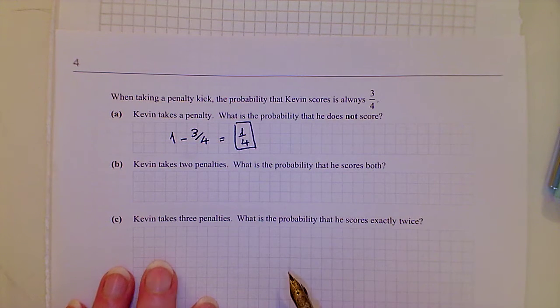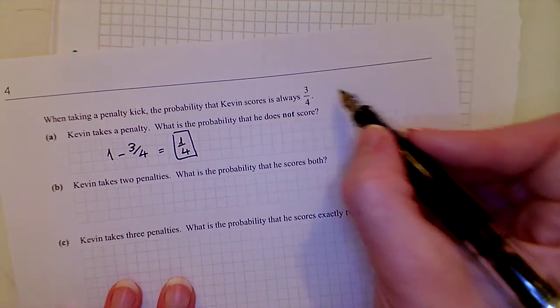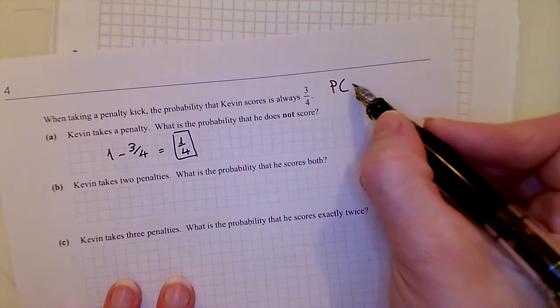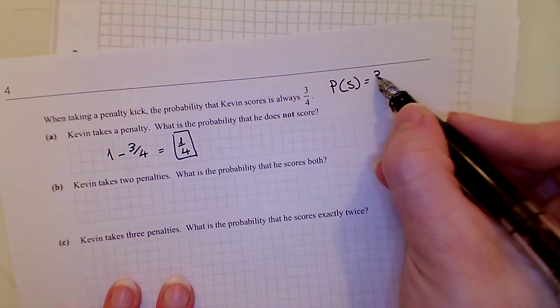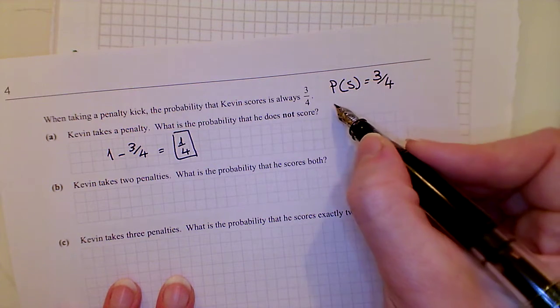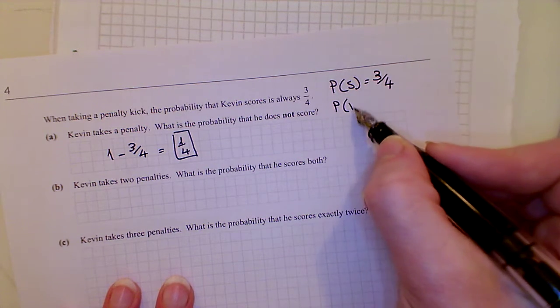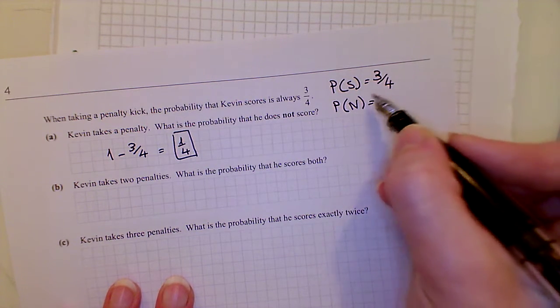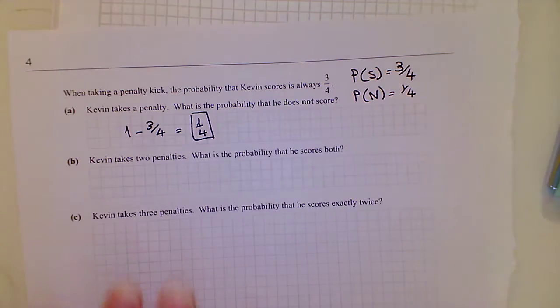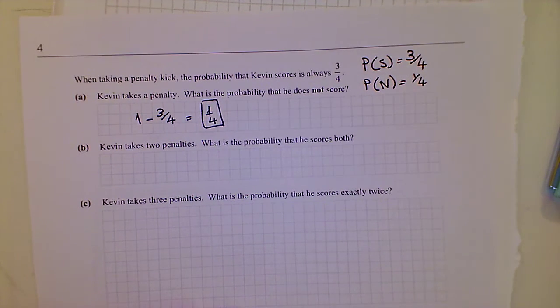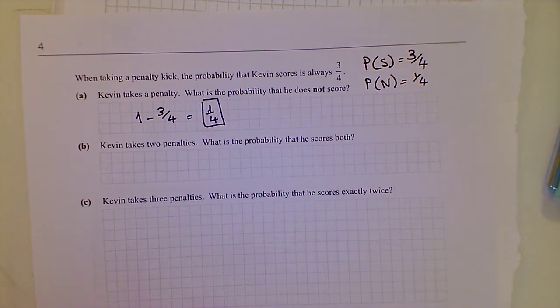He takes 2 penalties. What's the probability that he scores both? So just to help myself now, I'm going to say the probability that he scores is 3/4, and the probability that he does not score, you could use M for misses as well. It's just handy to have a letter to represent the events that we're talking about.